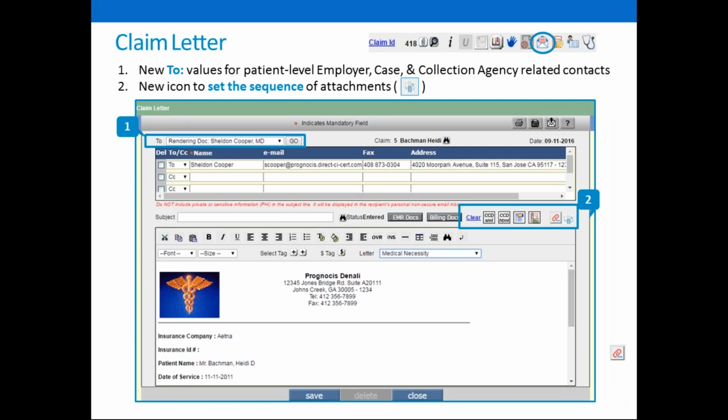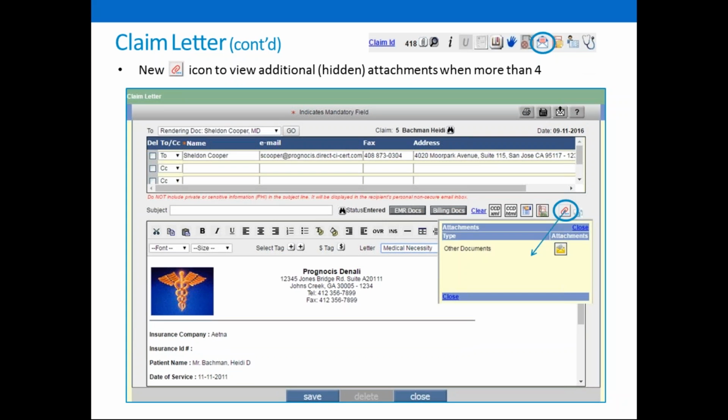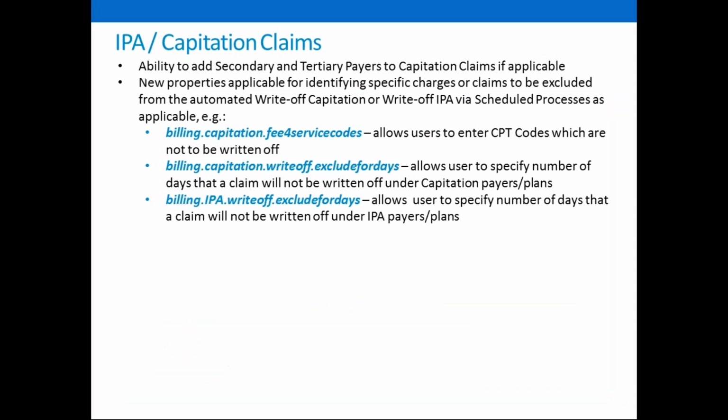It can only show that many, screen real estate-wise, because this claim letter is a pop-up. It's a static size. That is why if you have attached more than 4 and you need access to them, the paperclip gives you an additional pop-up with those additional attachment icons. So that is 2 new features and an additional icon within the letter pop-up.